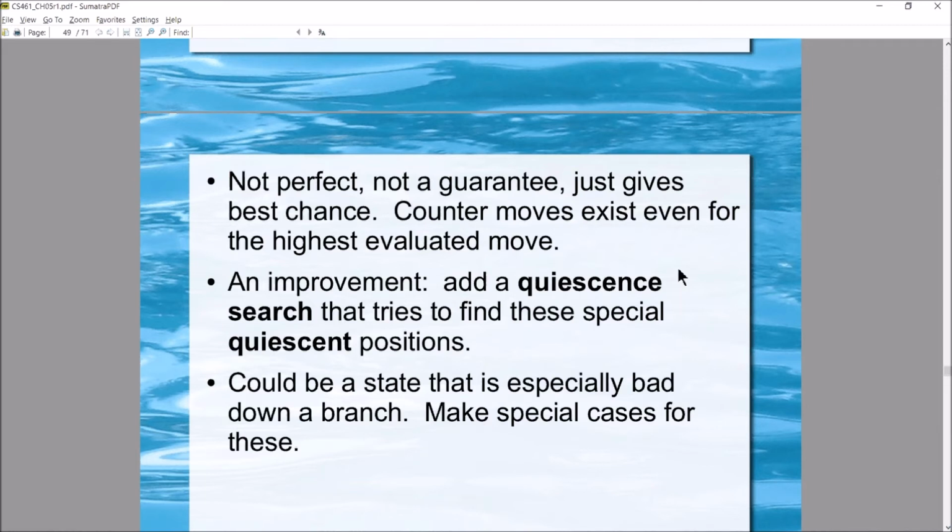So what's another improvement we can make? We could add a new type of search, a quiescent search, that tries to find these special quiescent positions. It could be that you've got a state that is really bad down the branch. So you can have special cases that say, we're just going to toss these, we're going to make sure that we don't deal with these.